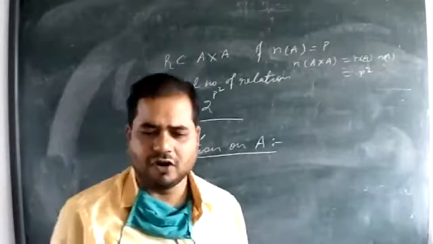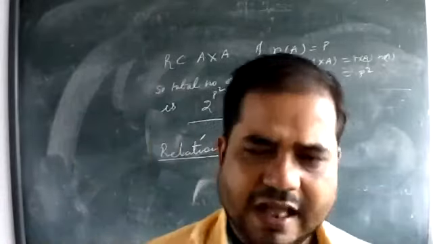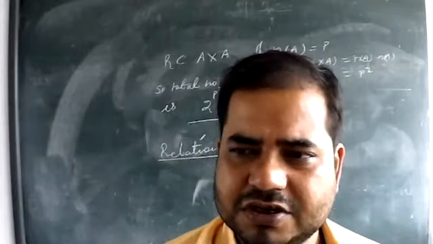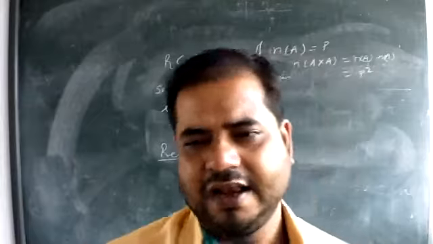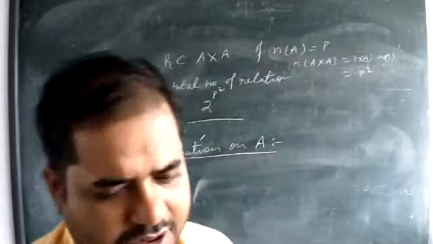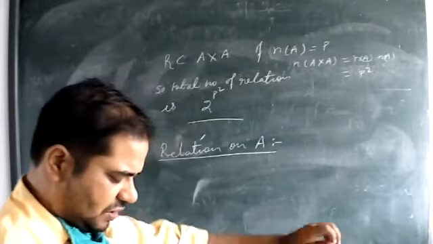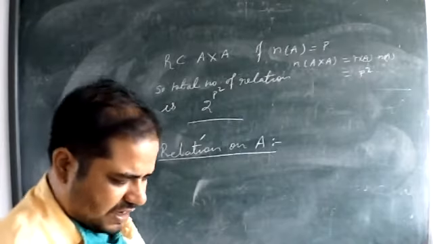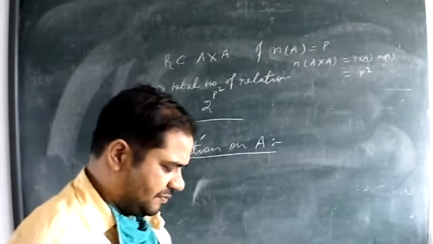So the total number of relations on a set A having p elements is 2 to the power p square. If it has n elements, then 2 to the power n square. Am I right? Okay.